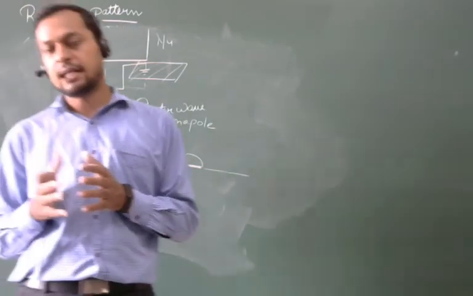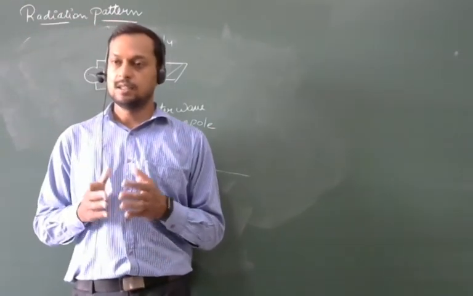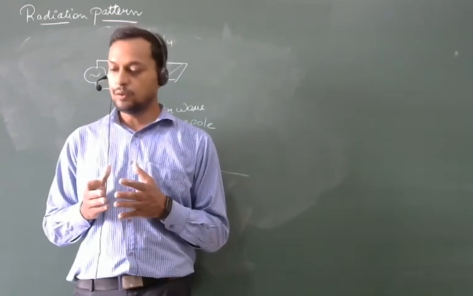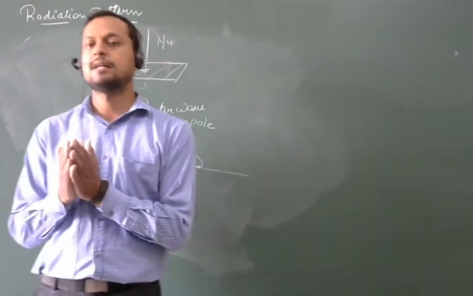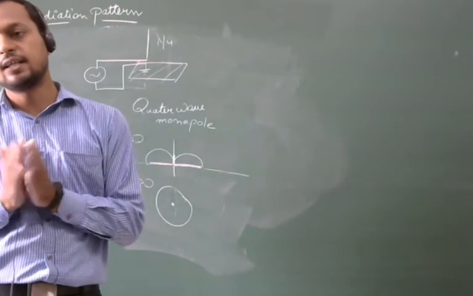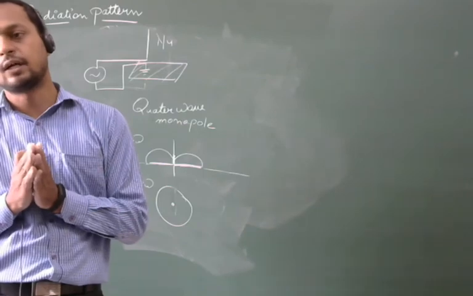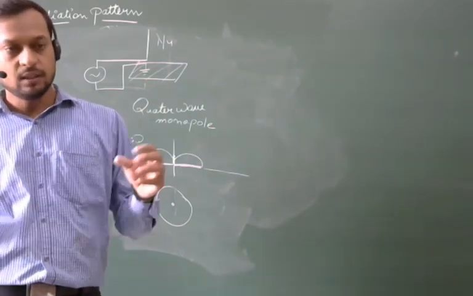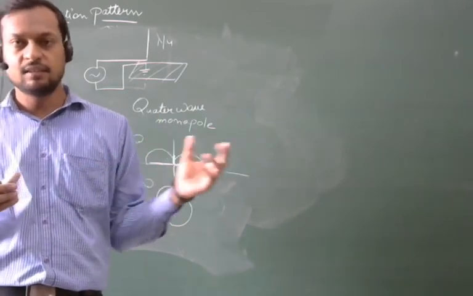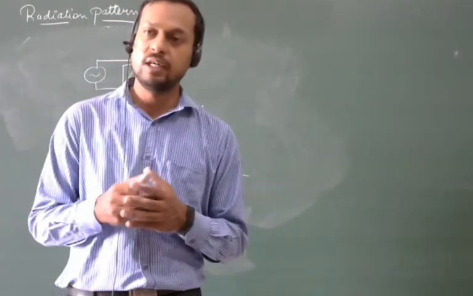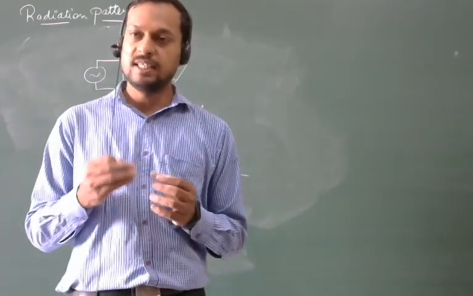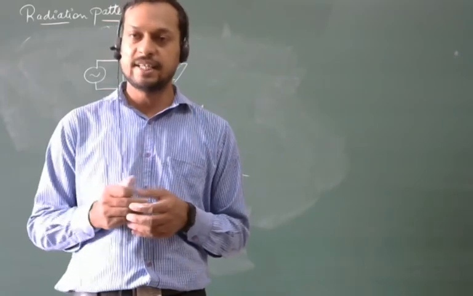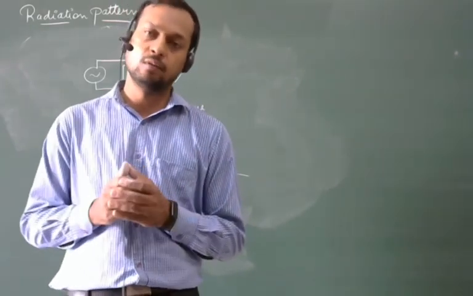But in practical antennas, the region of the radiation pattern is different. We only radiate in the required direction. The radiation in the required direction is called the main beam or main lobe, and the radiation pattern in the opposite direction, which is not required, or in the side direction, is called the side lobe or back lobe.